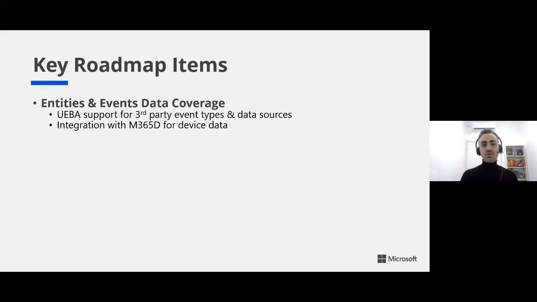We're doing a pretty good job with Azure and Windows events today at UEBA, and we want to be able to support more data sources and data types. So it's really important for us to spend some time on making sure that we can support third-party data sources. I know it's very important because we want to give you the best value from UEBA. So it's something that we're going to work on in the near future to provide better results from third-party data sources.